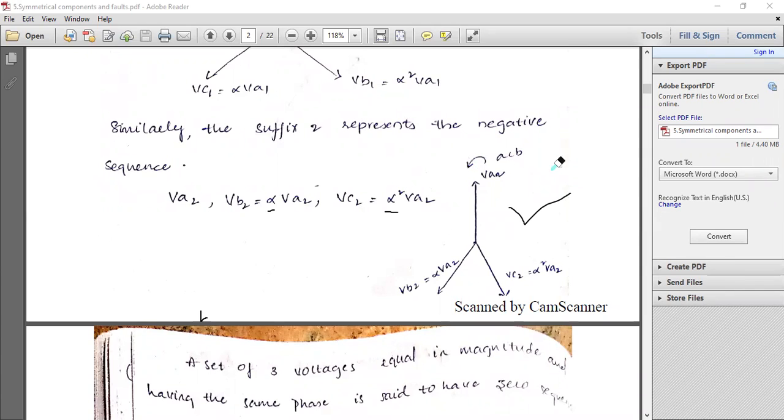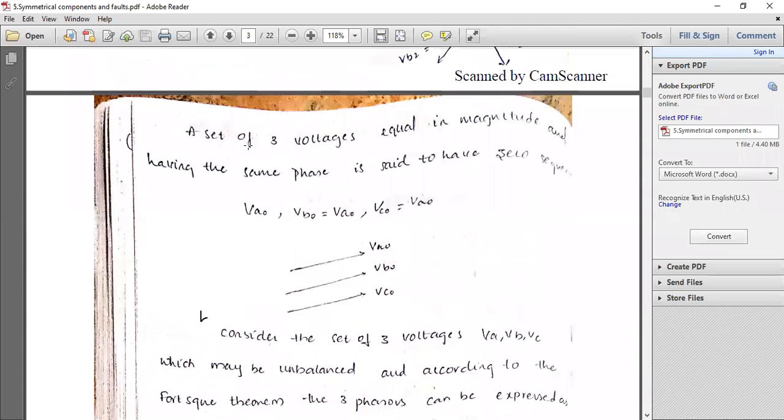Now for the zero sequence component. Zero sequence means obviously there is no phase difference between all those phasors. If you are considering VA naught as a reference, obviously VA naught is equal to VB naught and VC naught, so there is no phase difference.